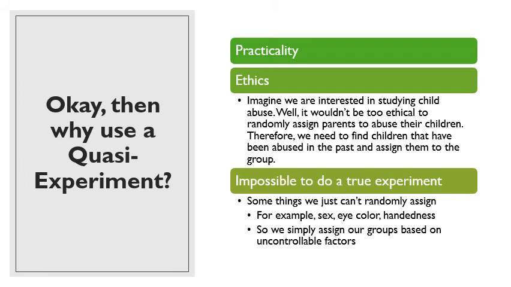Another aspect is ethics. So imagine we're interested in studying child abuse. Well, it wouldn't be very ethical to randomly assign parents to abuse their children for the sake of our study. Therefore, instead of randomly assigning participants or children to this abuse condition, what we do is we find children that have been abused in the past and assign them to the abused group and have some sort of control group that compares the two.